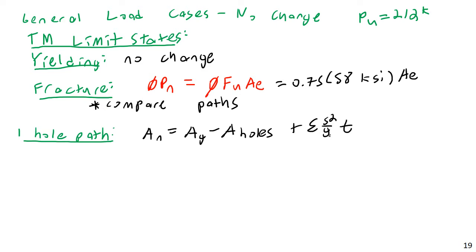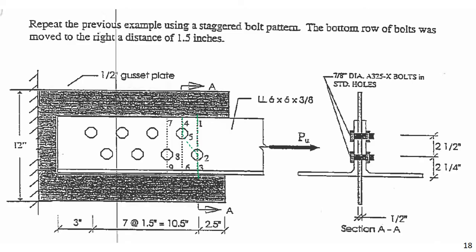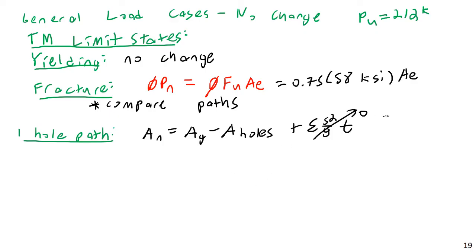There would be a thickness term here as well. However, this is 0 because we have no diagonals in this particular failure path. On this straight across path, there are no diagonals. So here, this is just going to be very simple.